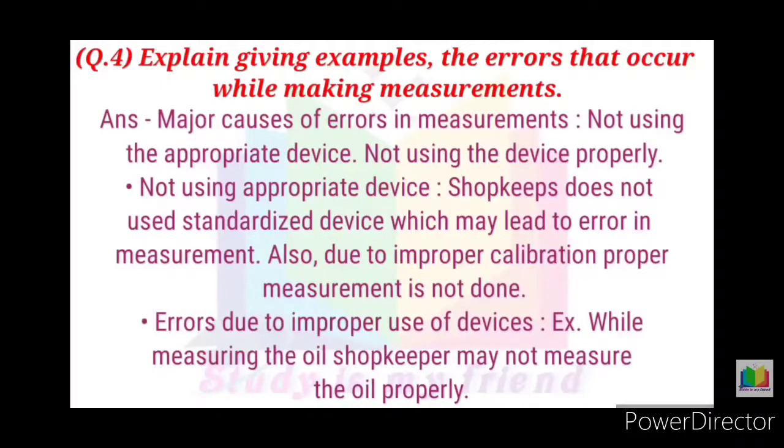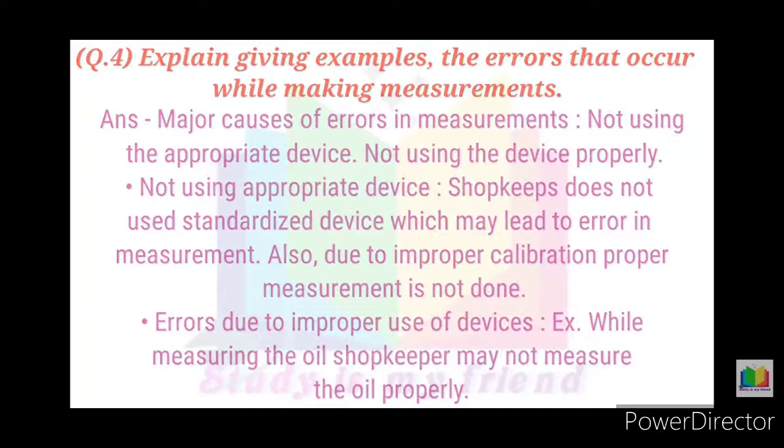Also, due to improper calibration, proper measurement is not done. For example, while measuring oil, a shopkeeper may not measure the oil properly. These are the errors that can occur while measuring.